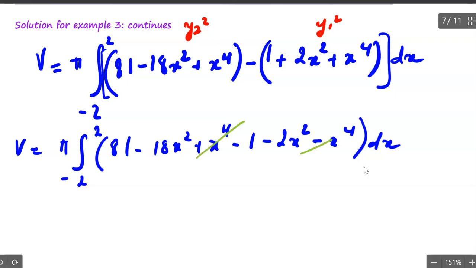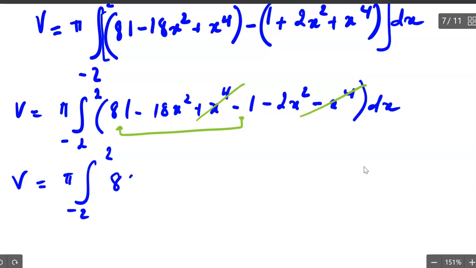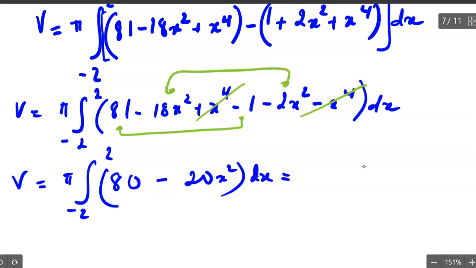This term cancels with that term. So I should have 81 subtract 1, which is 80, and with the 2 I should have minus 20x squared. This is the x.